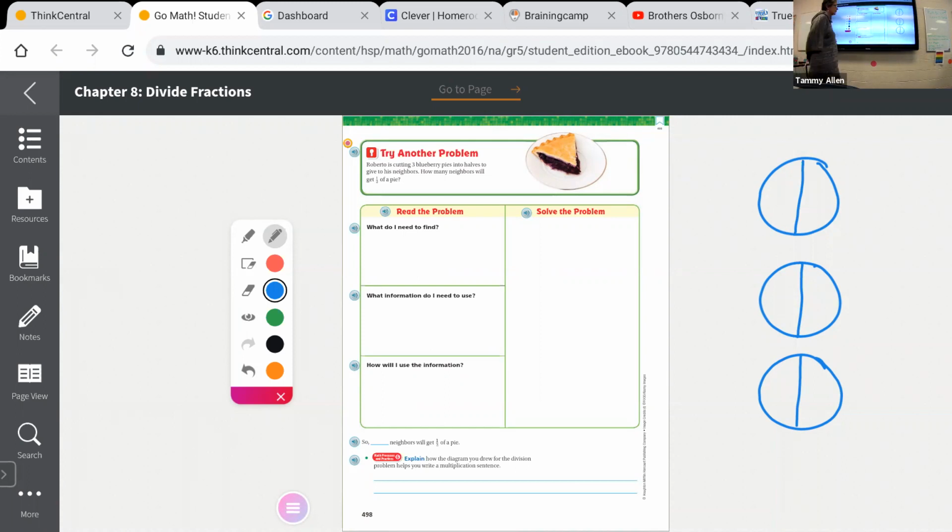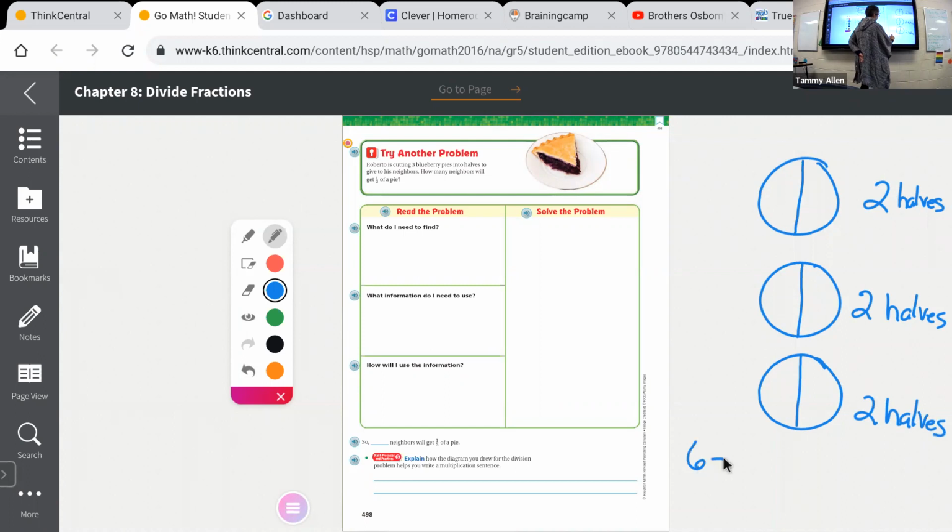How many halves are in the first pie? 2 halves. How many halves are in the second pie? How many halves are in the third pie? There are 3 pies and I divided them in half.